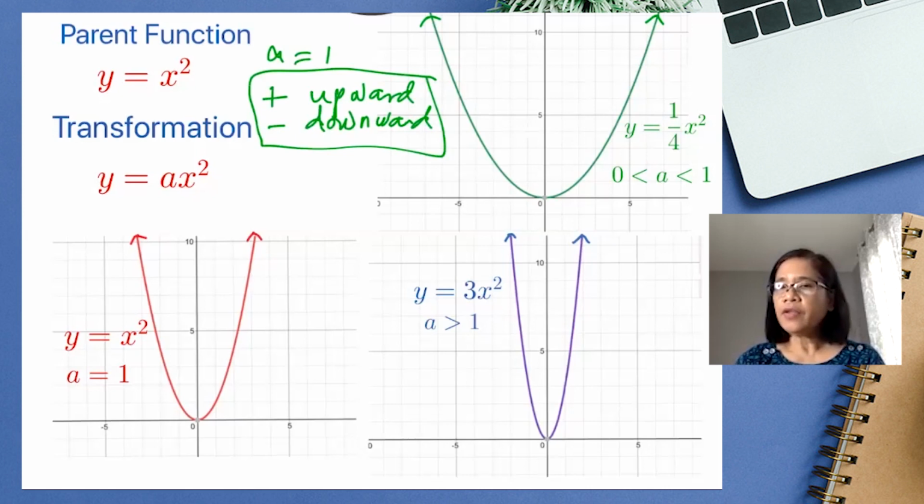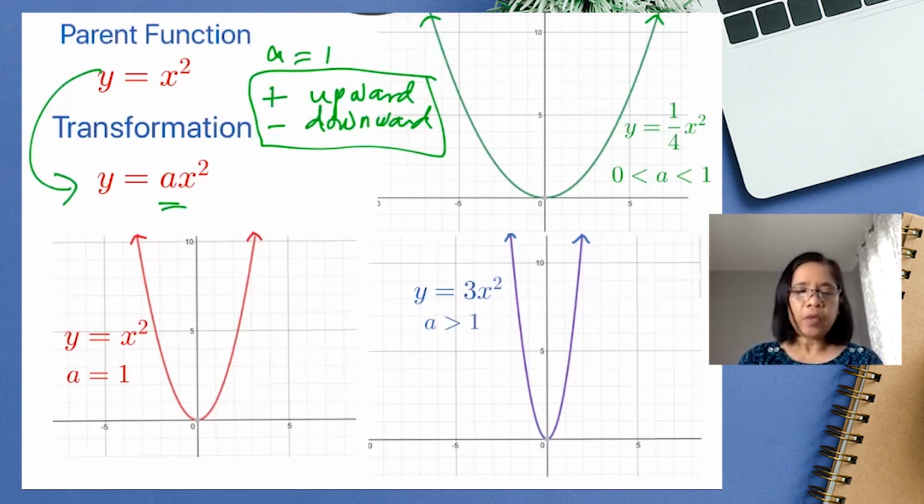Now what happens if we change the value of a? So the transformation from y equals x squared to y equals ax squared, when a is equal to 1, we have the graph here where the vertex is at the origin and the parabola is facing upwards.